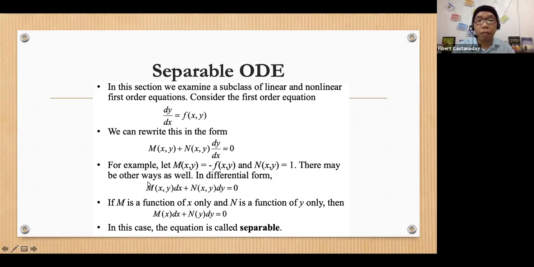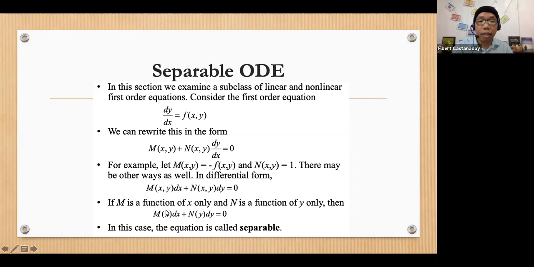Now, for us to be able to solve the given DE, or to find its solution, dx should contain only a pure function of x, and dy should contain only coefficients that are a pure function of y.